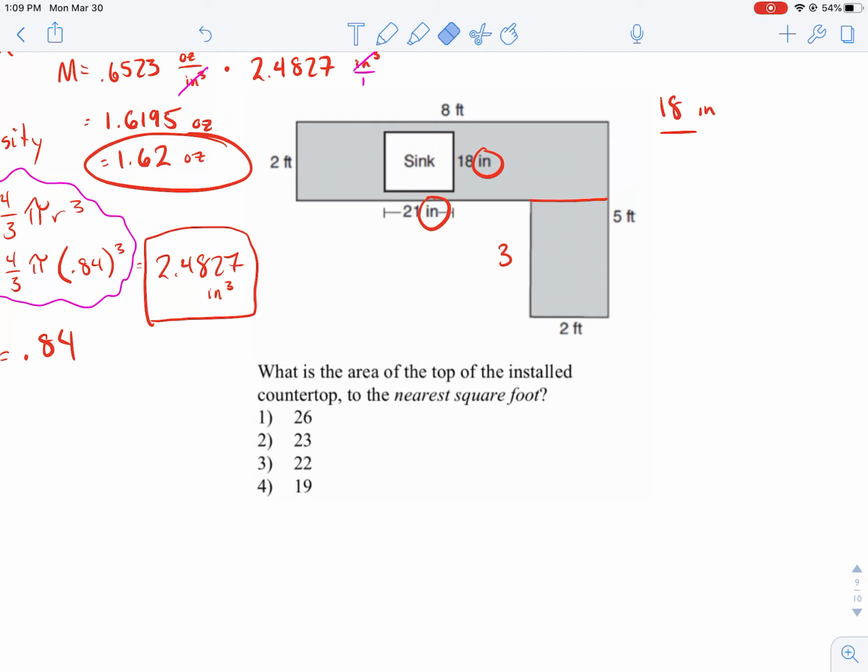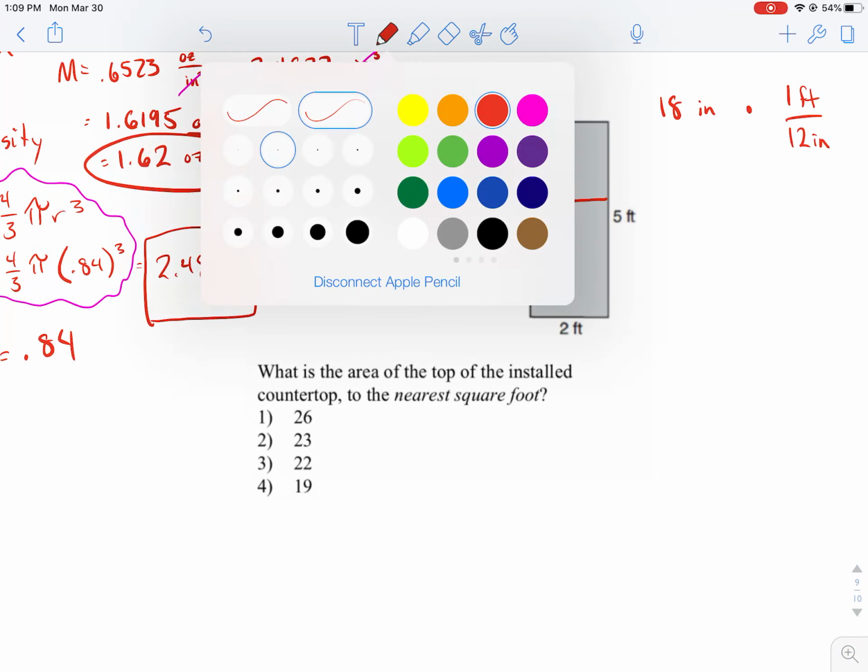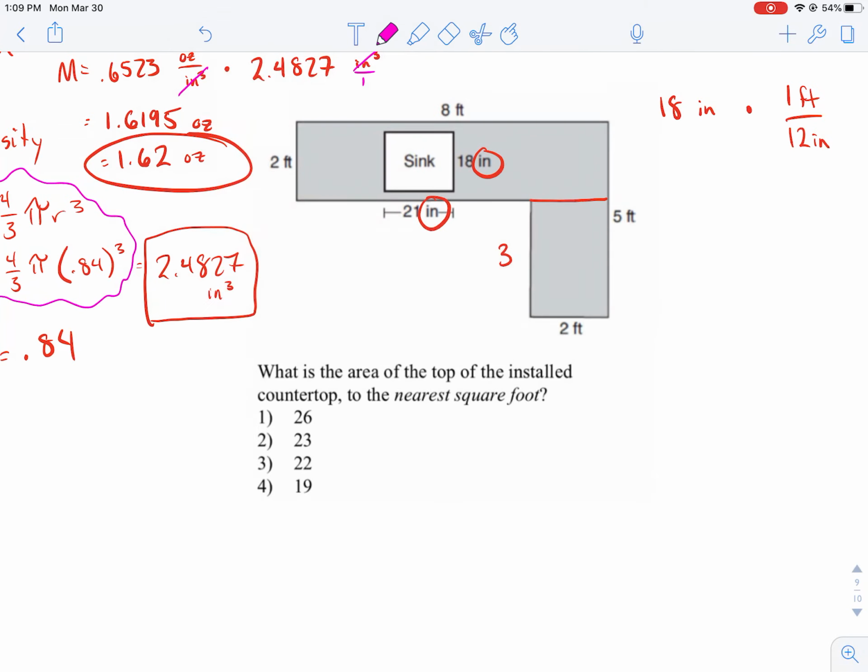So 18 inches times, so 1 foot is equal to 12 inches.